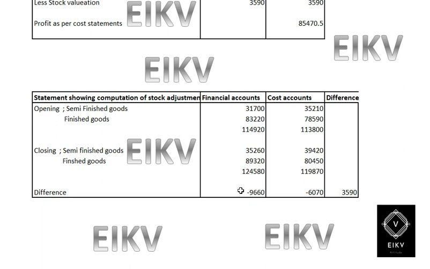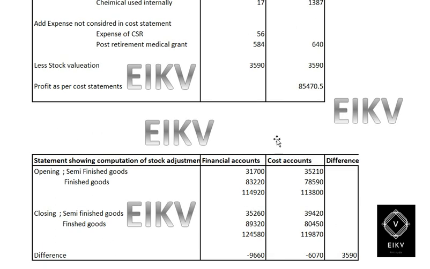I get an amount of negative 9660 and 6070 at costing. And when I take the difference of both, I get an amount of 3590. Right? Yes. So here we have an excess effect in finance when compared to cost. Therefore, such amount needs to be deducted.